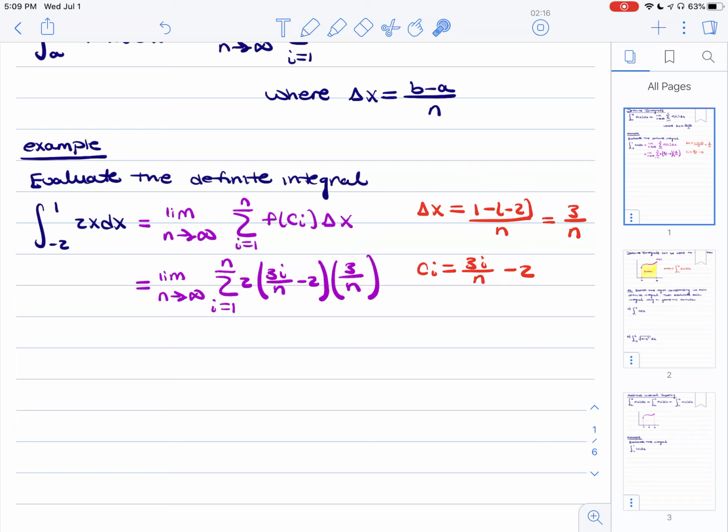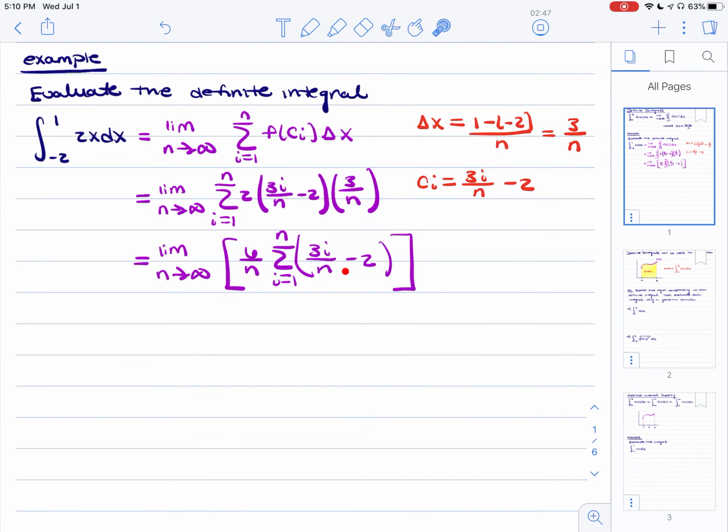Now I'm going to simplify this a little bit. Both the 2 and the 3 over n here don't have i's in them, so I'm just going to pull those outside of my sum. I'm going to make that the limit as n approaches infinity of 6 over n times the sum from i equals 1 to n of 3i over n minus 2.